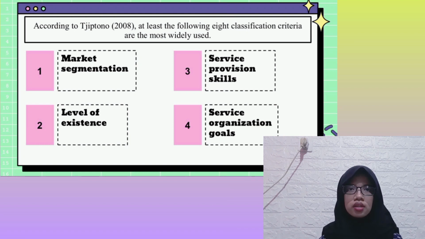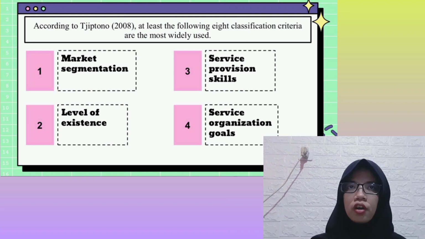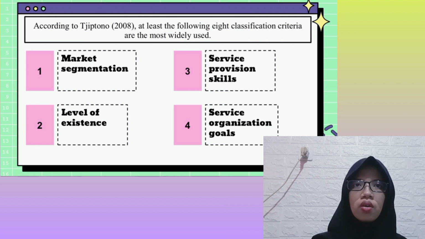3. Service provision skills. Based on the skill level of service providers, there are 2 main types of service, namely professional service and non-professional service. The main difference between the 2 types is that professional service usually requires a certain level of formal education from service providers, and many even have their own professional associations. 4. Service organization goals.